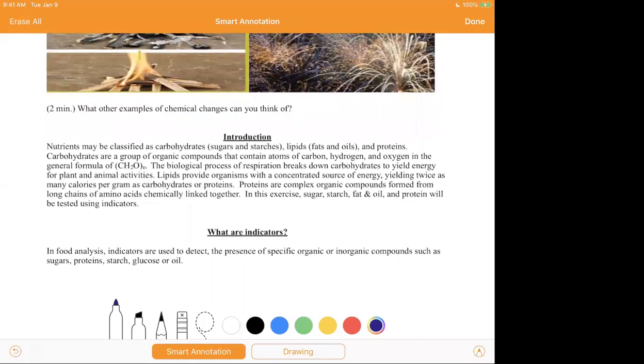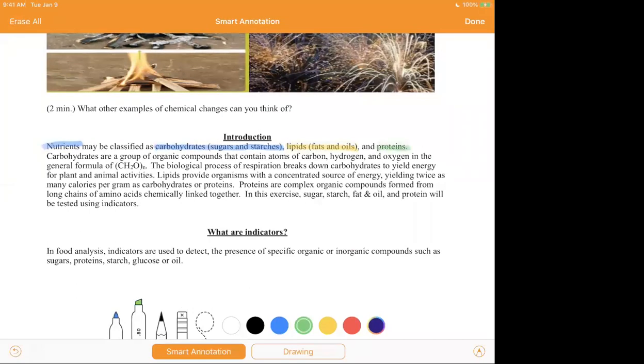So let's read an introduction. Keep that in mind. Nutrients may be classified as carbohydrates, sugars and starches, lipids, fats and oils, and proteins.